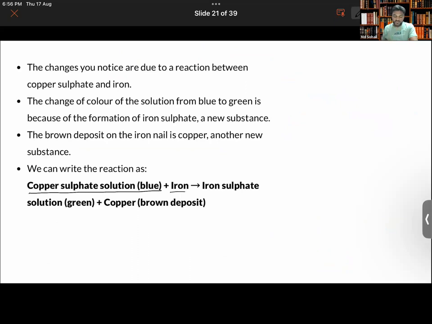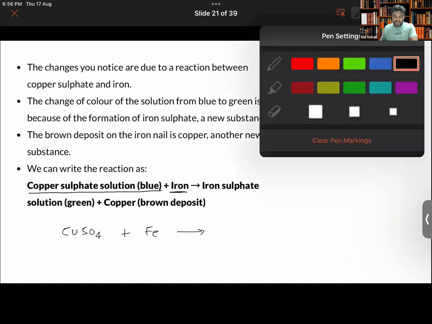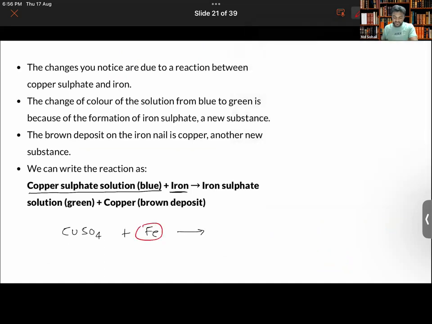Now we dipped a piece of iron into it. So what happened? CuSO4 plus iron. This iron reacted with the sulfate over here, so it formed ferrous sulfate or iron sulfate, FeSO4. Getting it here? Okay.